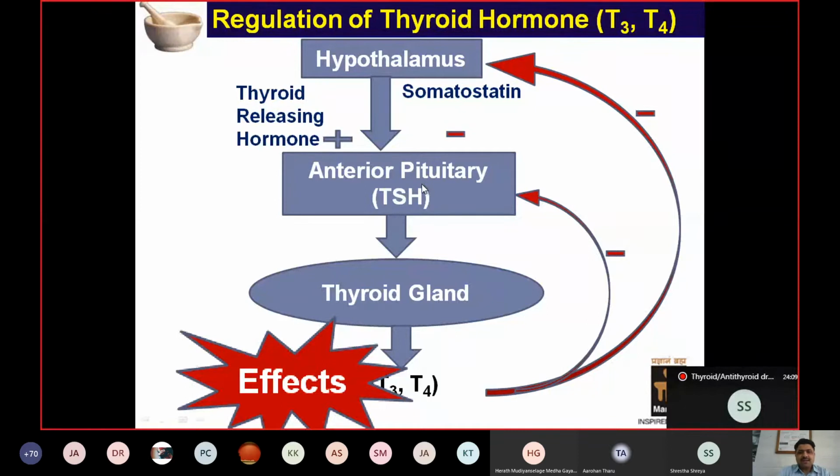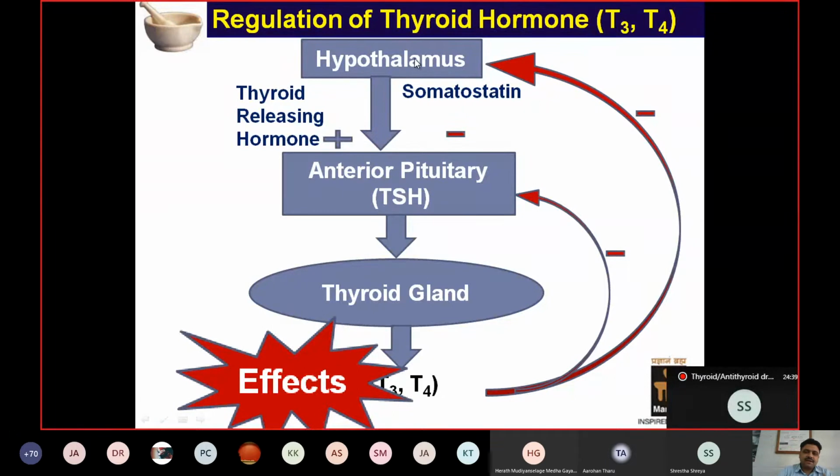When there is a requirement, the hypothalamus releases TRH, and this TRH will stimulate the anterior pituitary gland to release TSH, and this TSH will stimulate the thyroid gland to release the hormone, and the effect will be seen. When there is a deficiency, this is what happens. Once it is released, it sends a negative feedback to the anterior pituitary gland as well as the hypothalamus not to stimulate the thyroid gland.